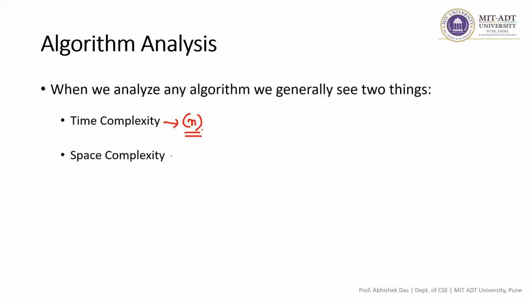Now coming to space complexity, it says the amount of space the algorithm is consuming with respect to an input size, and let's say the input size is again n. That is how we define the concept of space complexity.